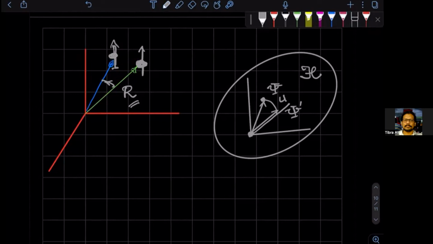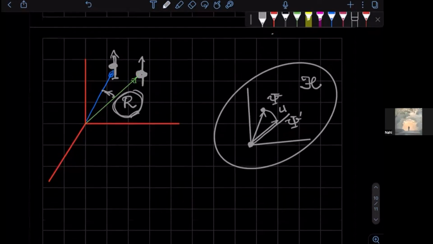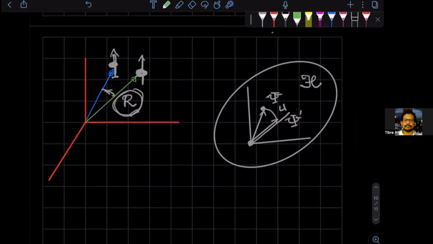It's a rotation. That's what's important. And it's given by the matrix R. So the spin direction is preserved under R? Yes. So now the idea is that your initial particle position was described by some wave function, some matrix wave function in your Hilbert space. This was the initial wave function.